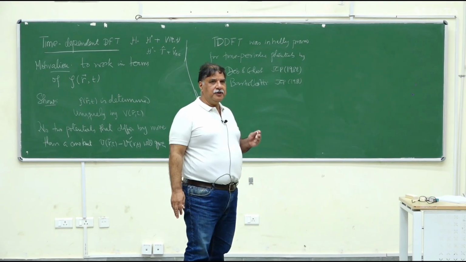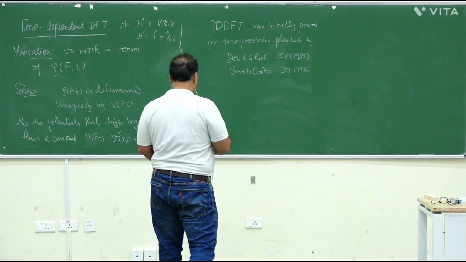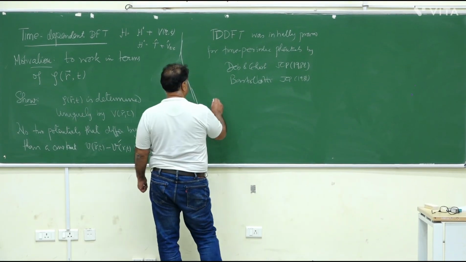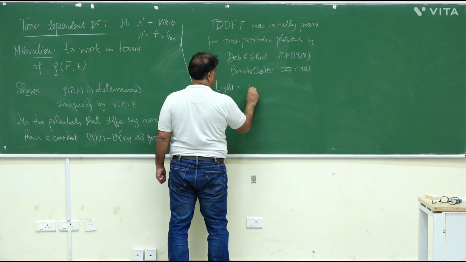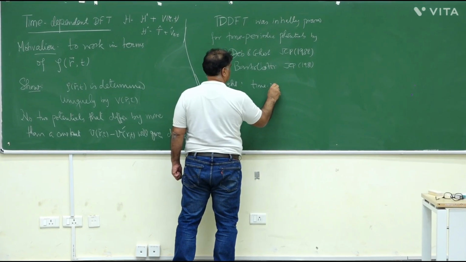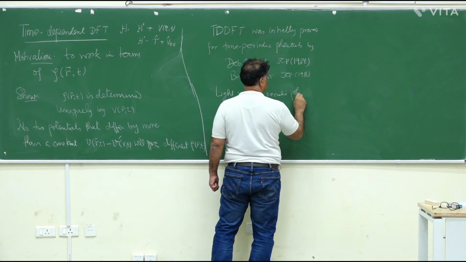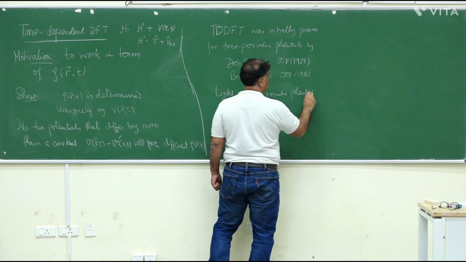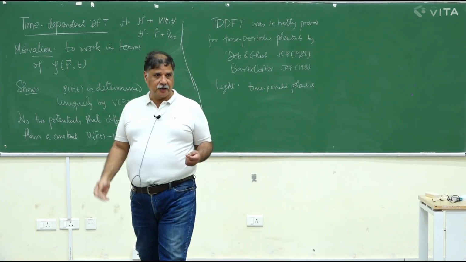Okay, so this is a limited time dependence. I'm talking about periodic potentials, but it's not so limited because many potentials that you apply, for example light, give you a time periodic potential. And many times you excite by light or shining X-rays or something, so it's useful.